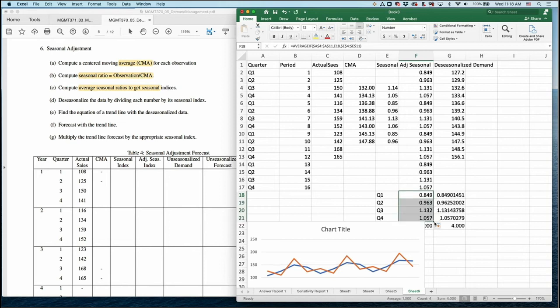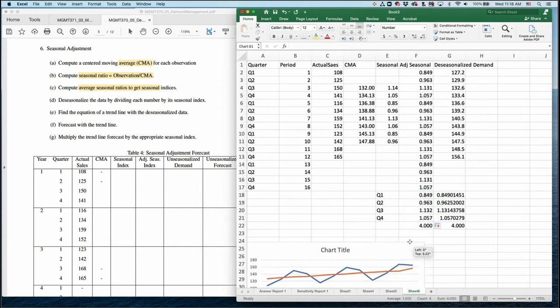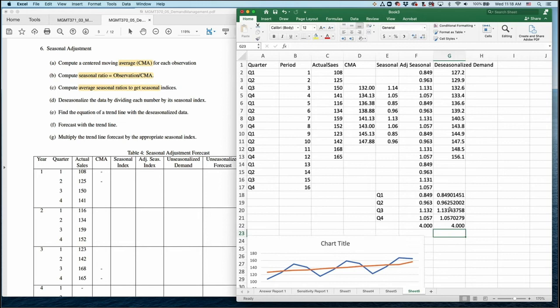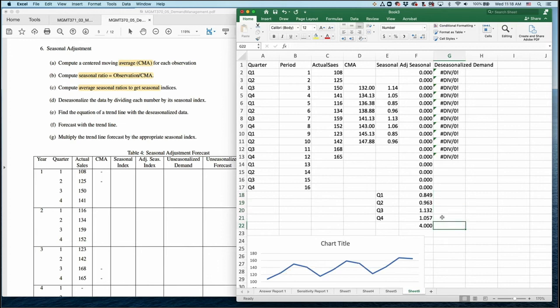So actually, if we have this average exactly, then we don't need to adjust. Actually, the sum of all these numbers is exactly 4. So I don't need this step here. I just delete this. And also for this seasonal factor, I will do it again for this one.